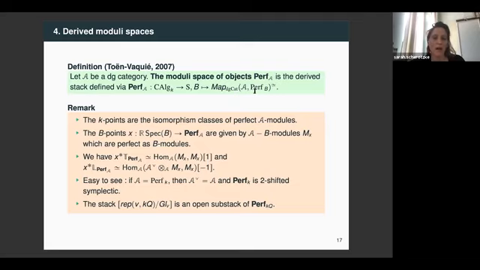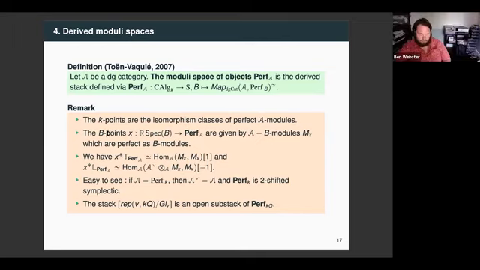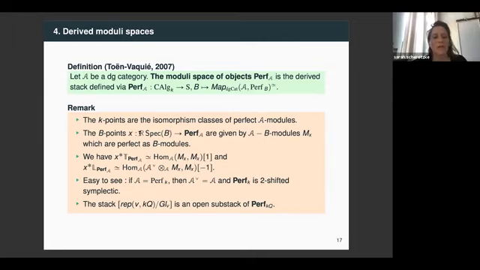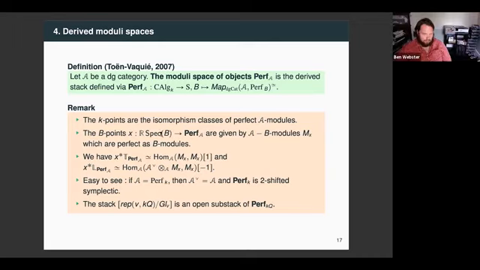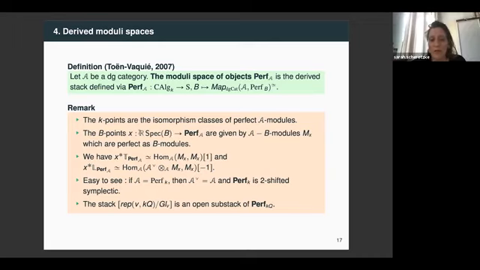What are the K-points? The K-points are just the isomorphism classes of perfect A-modules. The B-points, a bit more general: a B-point is a map from R Spec B to Perf A, where R Spec B is the derived scheme that we have defined, and is given by an A-B-bimodule M(X) that is perfect as a B-module.